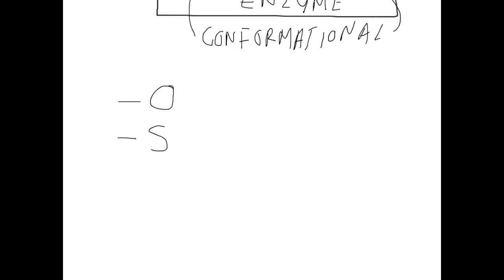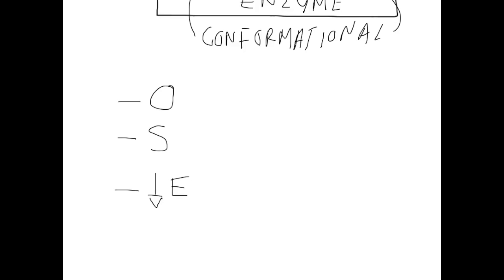So when we have new bonds, we have new products. And by being in that tight conformational change, the tight induced fit between the substrate and the enzyme, we're basically lowering the energy that's required for that reaction to take place.